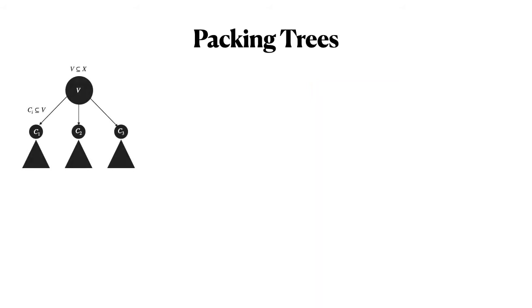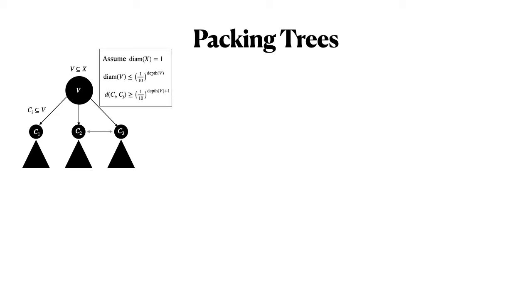So the nodes of a packing tree are subsets of our index set X. And each child of a node is also a subset of the node itself. So assuming that the diameter of our index set is 1, we require that the diameter of each node in the tree goes down exponentially with the depth. So it's bounded by 1/2 to the power of that depth.